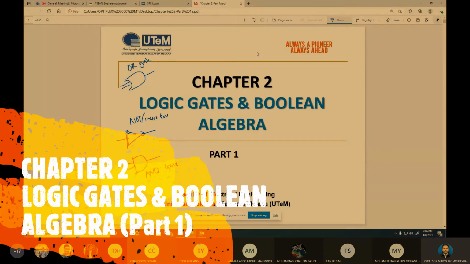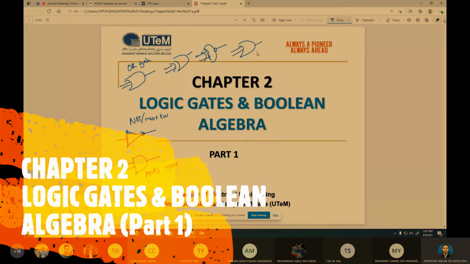Actually these are the 3 basic gates. Then we have others that are combinations of 2 gates, for example the NAND gate and the exclusive OR gate. Then we have the NOR gate.